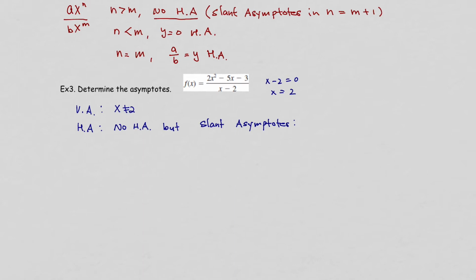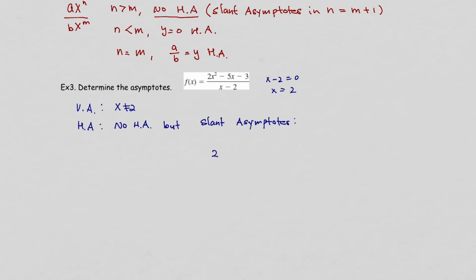So let's do that. It will be 2x squared minus 5x minus 3 divided by x minus 2. In order to have x go into 2x squared exactly, you need to multiply by 2x. Once you multiply 2x to the x minus 2, you get 2x squared minus 4x.